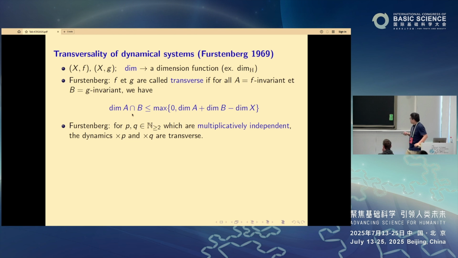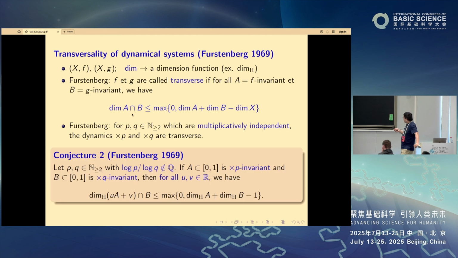So Fürstenberg conjectures that in this case, this bound should always be the correct bound for any such sets A and B. Then he conjectures that if P and Q are independent, then the dynamics times P and times Q are transverse.